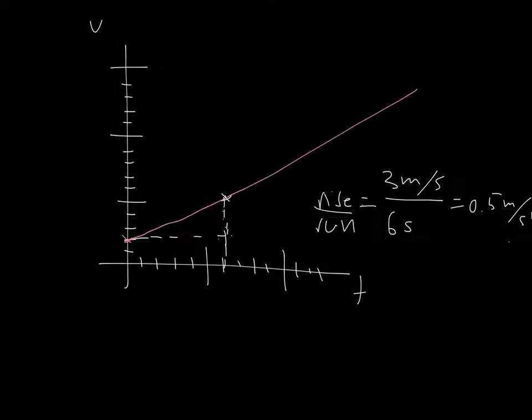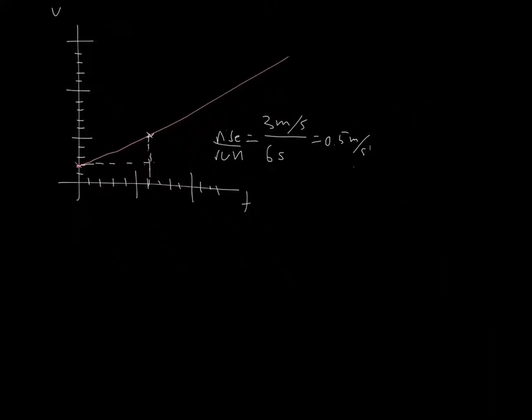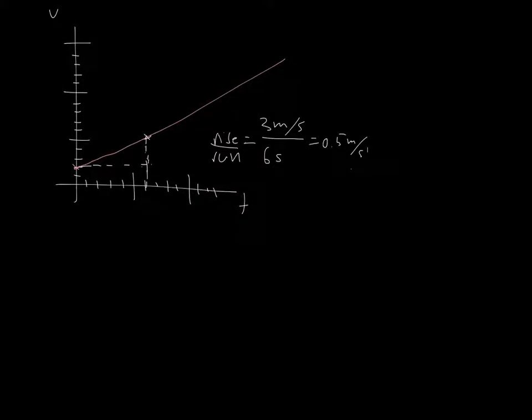Okay, so how do I do this? Well, first thing I'm going to calculate the area of the rectangle. This is a height of 2 and a base of 6. So the area of the rectangle is just 2 times 6, which equals 12 meters.